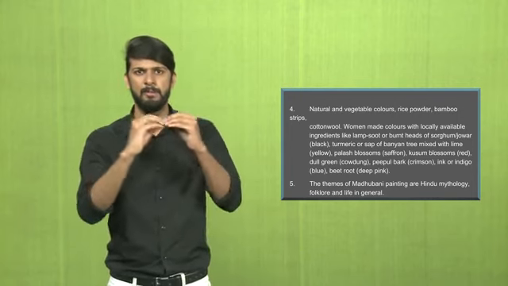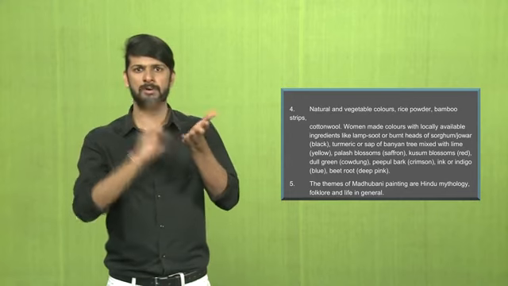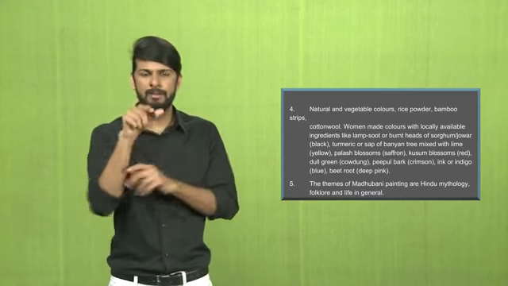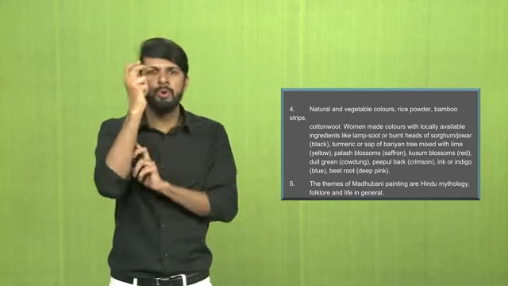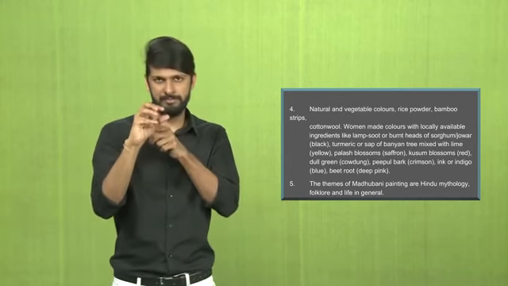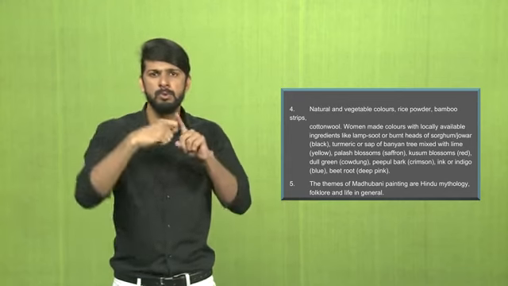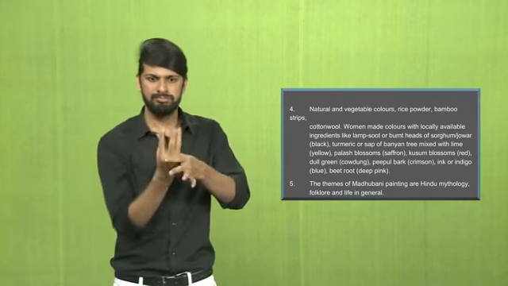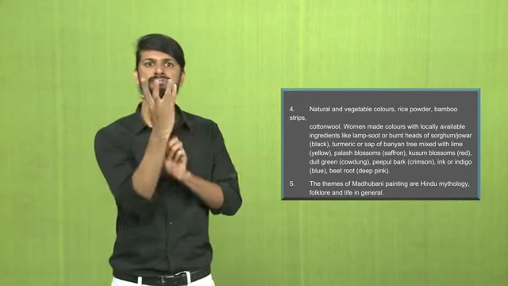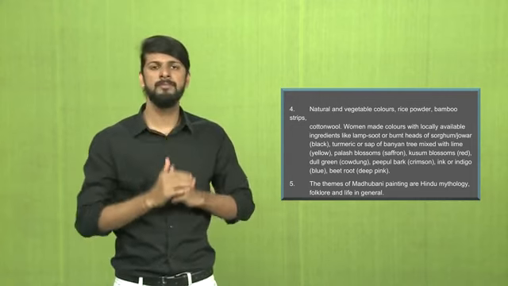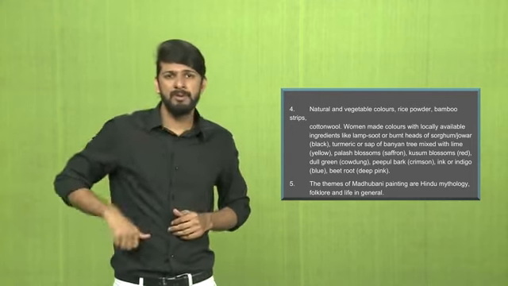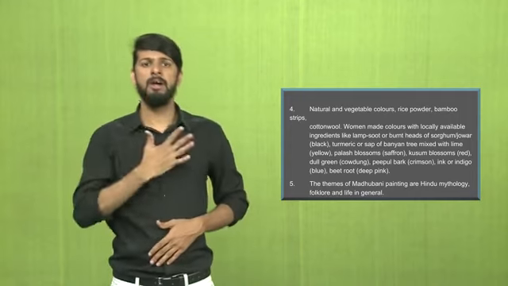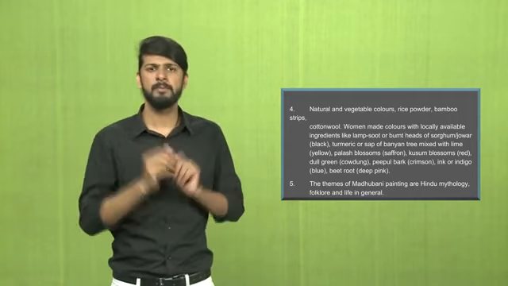The palash blossoms are used to get saffron color. Kusum blossoms are used to get red color. Cow dung is used to get a dull green color.